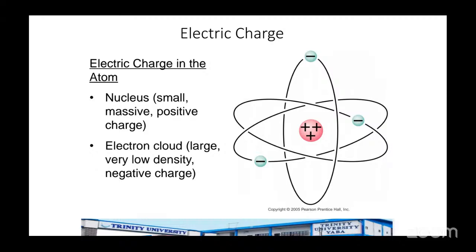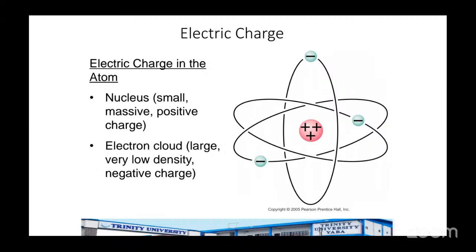The electron revolves around the nucleus in an elliptical or circular manner. The mass of the electron is 9.1 times 10 raised to minus 31 kg.